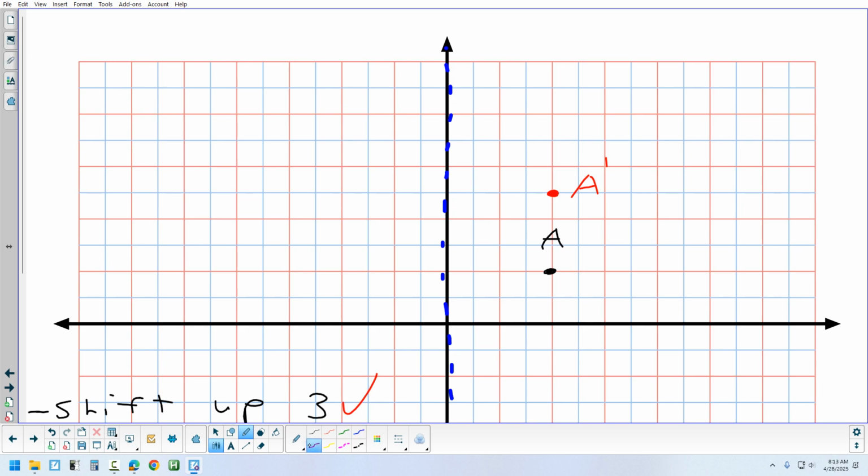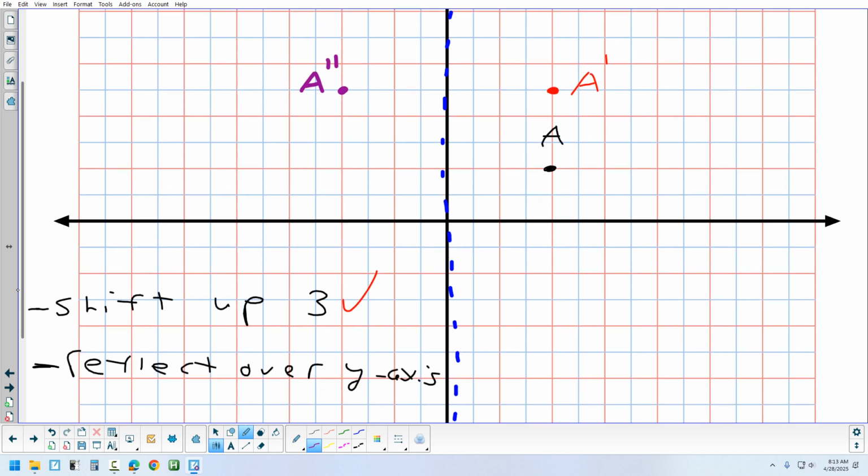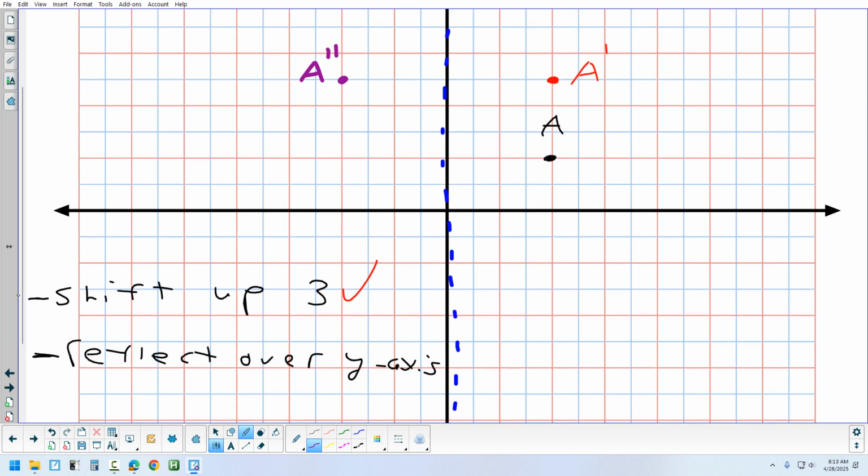So we're going to go 4 units to the left. 1, 2, 3, 4. And what could we call that point? A double prime. So it's called double prime because you transformed it twice. So that would be the answer, just shifting A up 3 and then reflecting over the y-axis. Any question on that one?